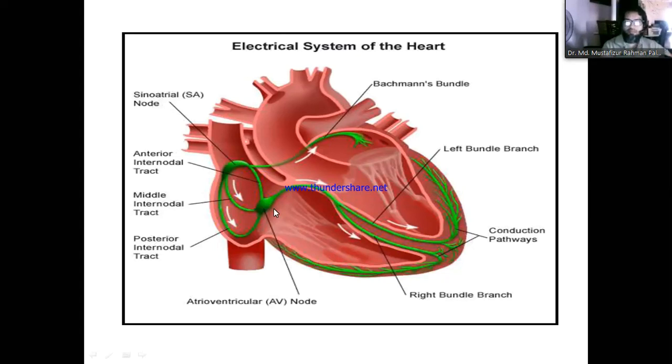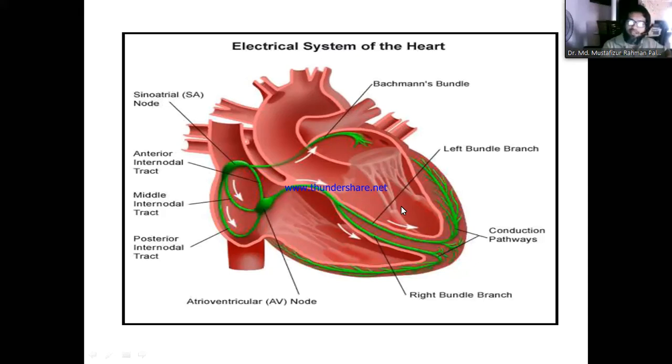If a problem occurs in any part of the system, an arrhythmia can occur, both tachyarrhythmia and bradyarrhythmia. In bradyarrhythmia, if the problem occurs in impulse generation or conduction, the impulse will not propagate properly from one chamber to another, so the blood will not be expelled properly into the systemic circulation.